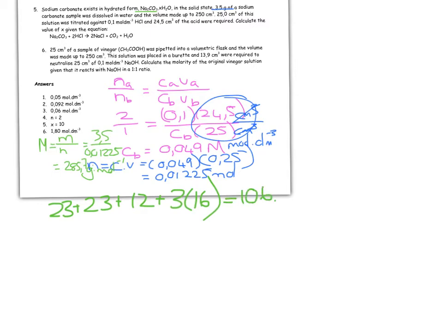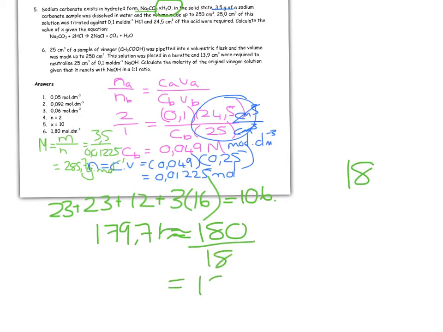So I just take that 106 away from the 285 that I had, and I'm left with 179,71, which for all intents and purposes is about 180. And then I say, all right, well, I know water. I don't know how many waters I've got, but I know that water is 18. 16 plus 1 plus 1. So I'm going to divide this by 18, and I land up with 10.